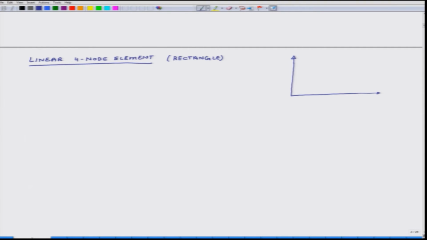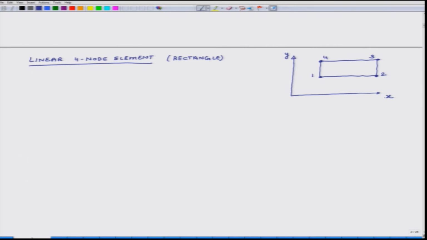These are my global coordinates x and y, and I have a rectangle with node 1, node 2, node 3, node 4, and it is oriented in such a way that its sides are parallel to the x and y axes.